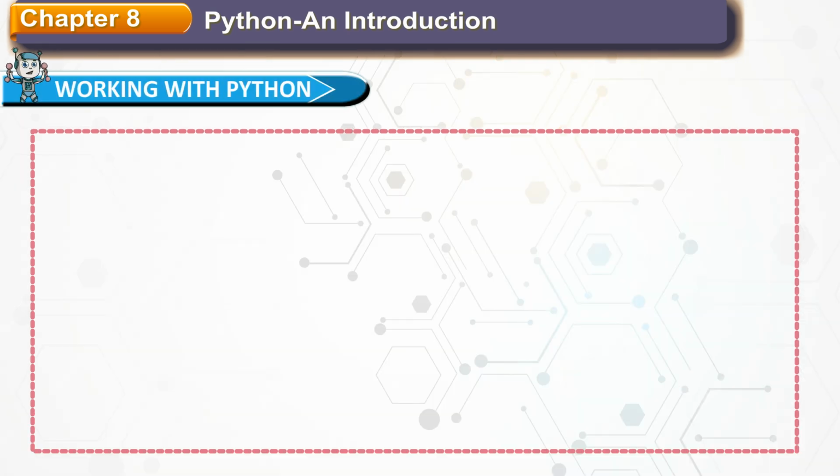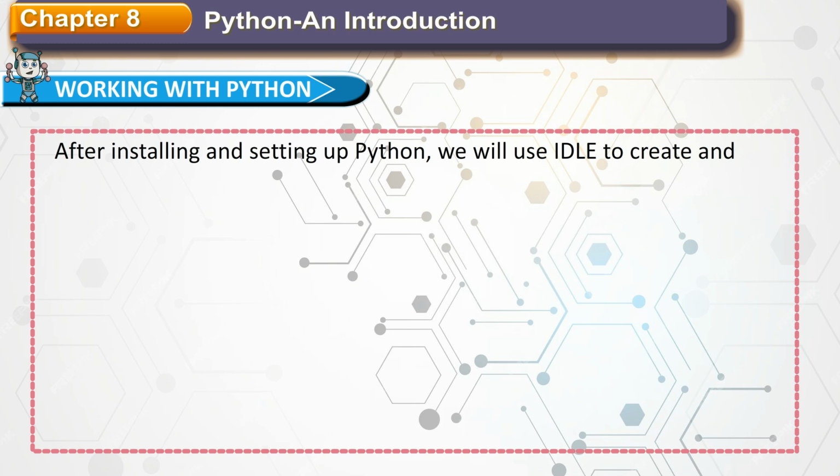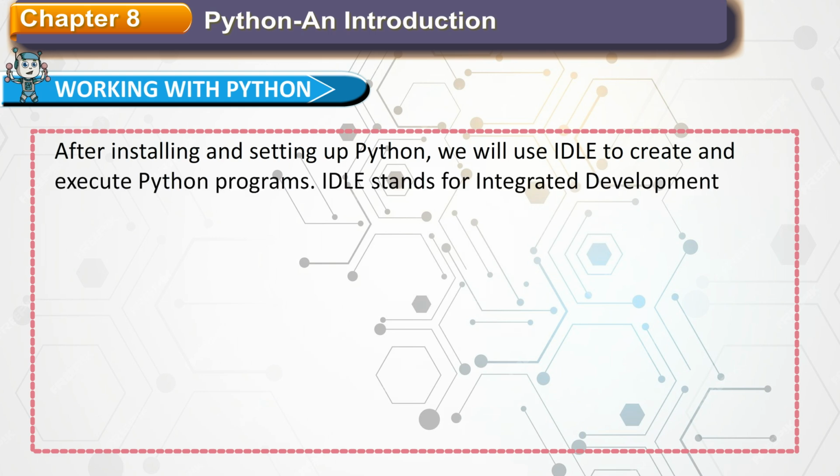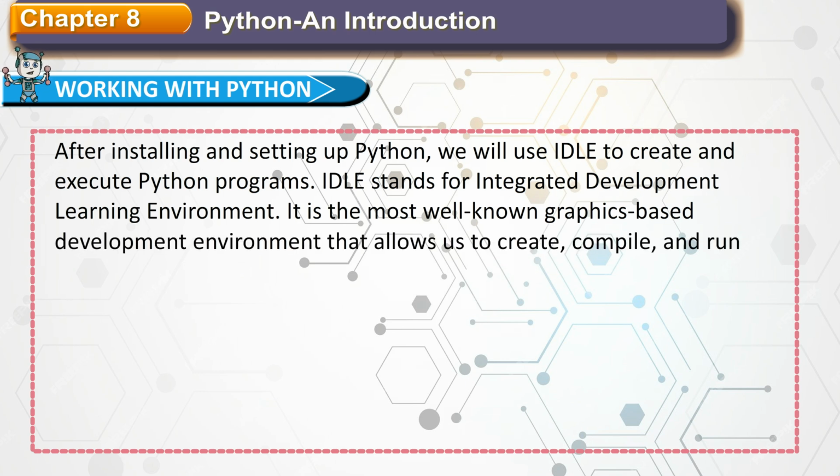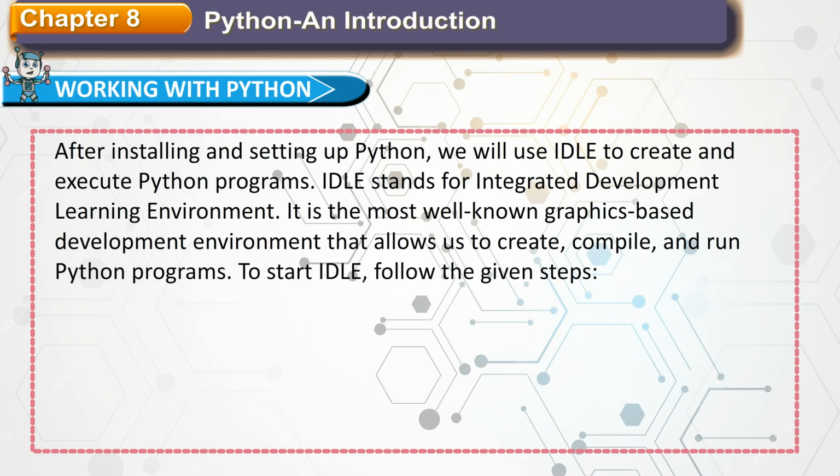Working with Python. After installing and setting up Python, we will use IDLE to create and execute Python programs. IDLE stands for Integrated Development Learning Environment. It is the most well-known graphics-based development environment that allows us to create, compile, and run Python programs.